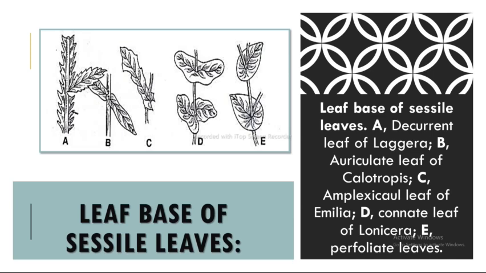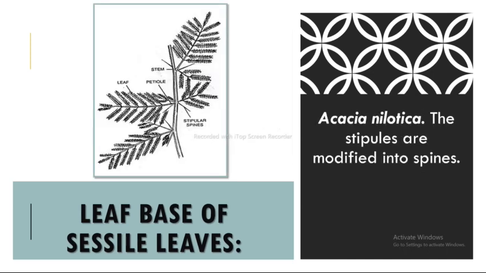And the figure D you can see that this is the connate leaf of the Lonicera. And in the figure E you can see that this is perfoliate leaf as shown in the figure.